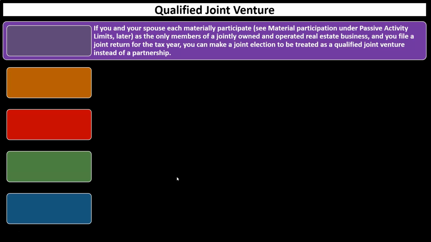So then we have the qualified joint venture. If you and your spouse each materially participate, so now we have two individuals, you'll remember that we saw this on a Schedule C as well. So if you're taxpayers that are married, then of course now you've got two individuals, but for taxes, you're kind of seeing them as like one entity. So what if those two individuals now have a kind of like a business, this time being a rental property where they both materially participate in it?